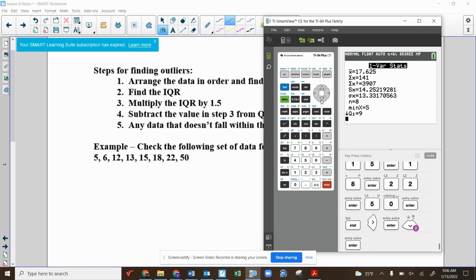And then you click that. Then if you go down the list right here, we have Q1, median, which is going to be quartile 2, and Q3. So Q1 is 9, Q2 is 14, Q3 is 20. So that would take this list and break it up into fairly equal pieces.